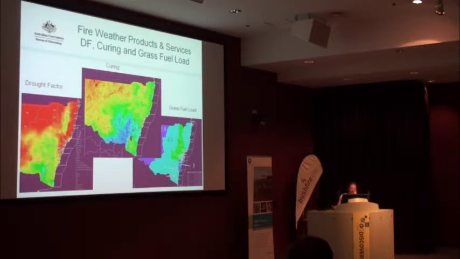So we're getting that satellite curing on the 6 kilometre by 6 kilometre grid coming into our GFE system, but it's first coming through the Bureau to the Rural Fire Service, who are doing some quality control, and they're also receiving it at a finer resolution than what we are using in our forecasting system. So they have access to finer scale curing from the satellites than what we're able to use in our current system. So they're doing the quality control and then upscaling the resolution to the resolution that we need.